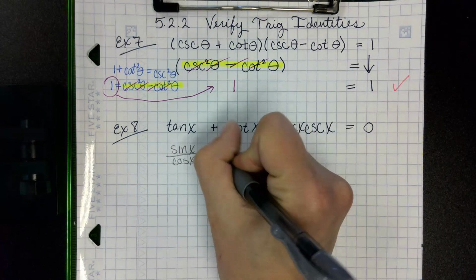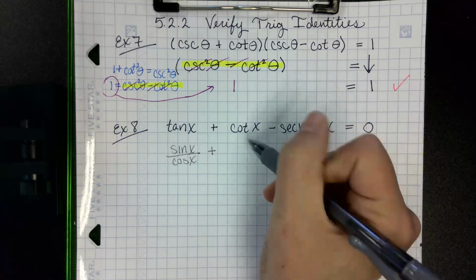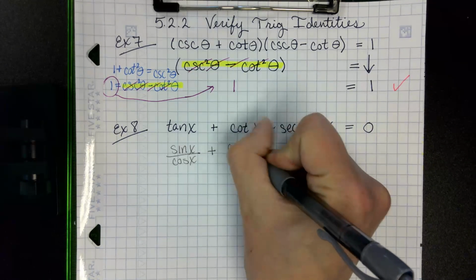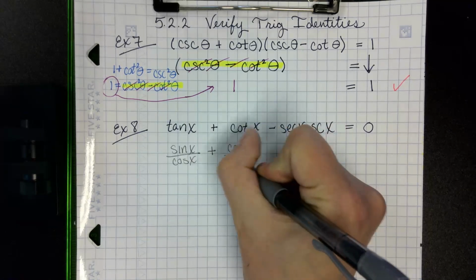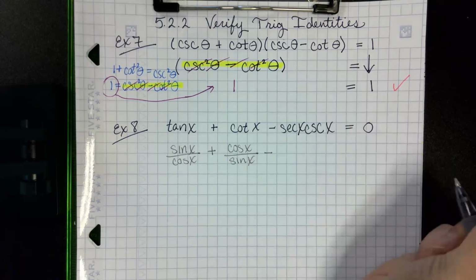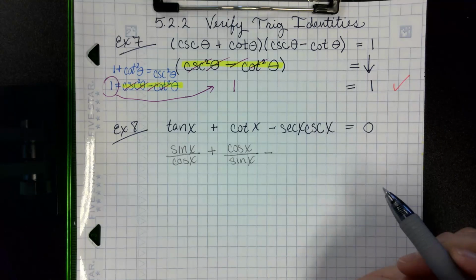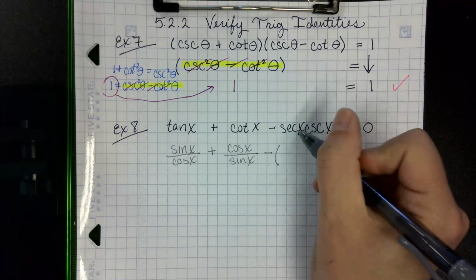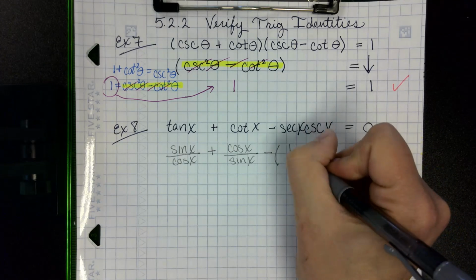A plus sign stays a plus sign. Cotangent is going to be cosine over sine. Minus sign stays a minus sign. Here I have two functions being multiplied together, so I'm going to use parentheses. Secant x is 1 over cosine.